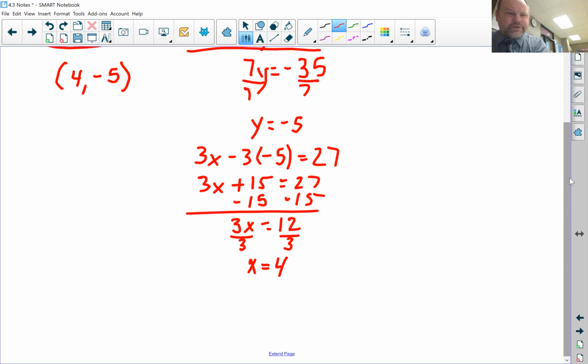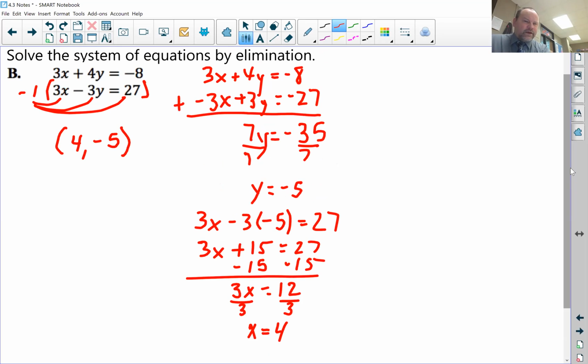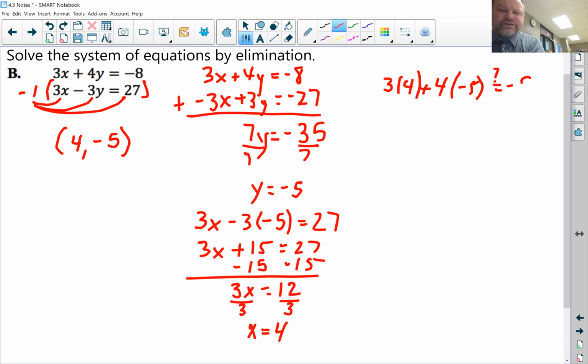And again, I'm going to double check that by plugging it in to the equation I didn't use to find my x value. So I'm going to plug it into that top equation. 3 times 4 plus 4 times negative 5. Does that give me negative 8?